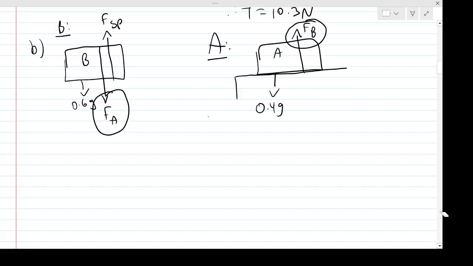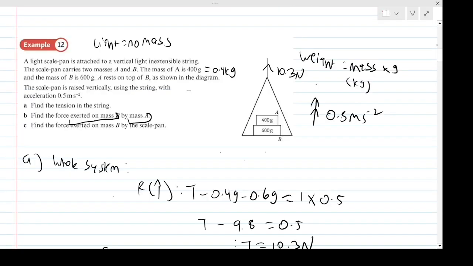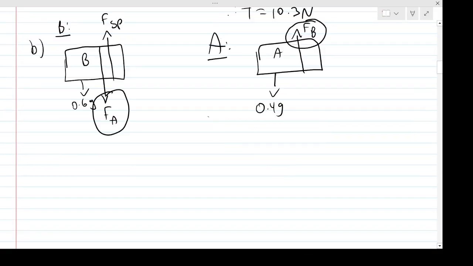So this is the force diagram we've got, okay? And remember, A is not touching the scale pan. A is only touching B. So there are no considerations for A touching the scale pan. So that's all the forces. This I can work with because the only unknown is F of B. Okay, that's the force created by B touching A.